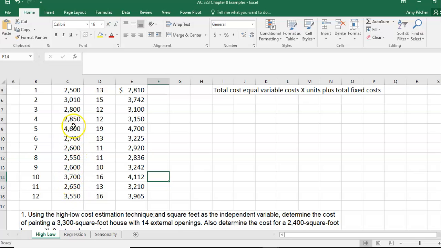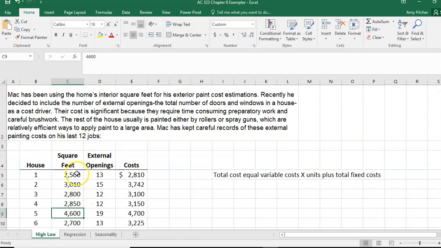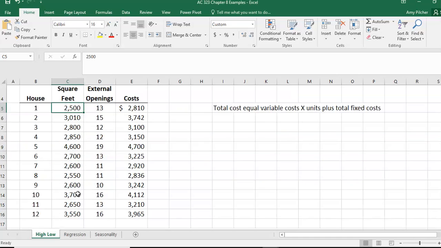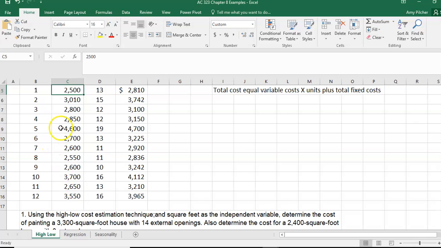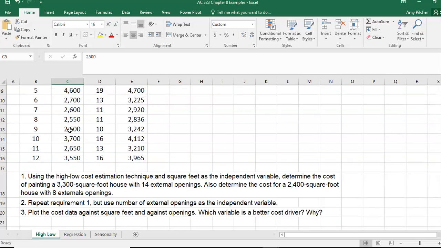Looking at the number of square feet, our high amount is 4,600 square feet, and our low amount is 2,500 square feet. When we're using the high-low method, it is the change in cost divided by the change in the activity base, the cost associated with those high and low components.